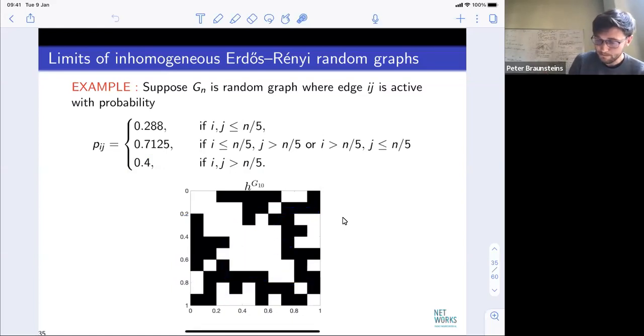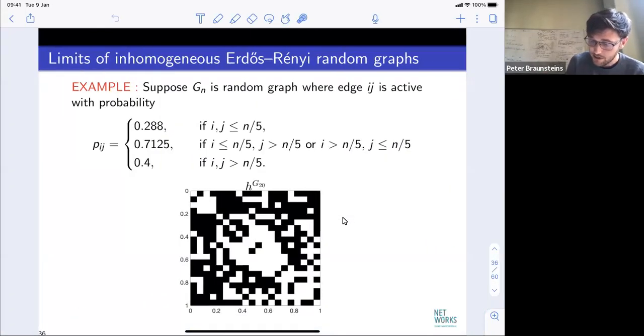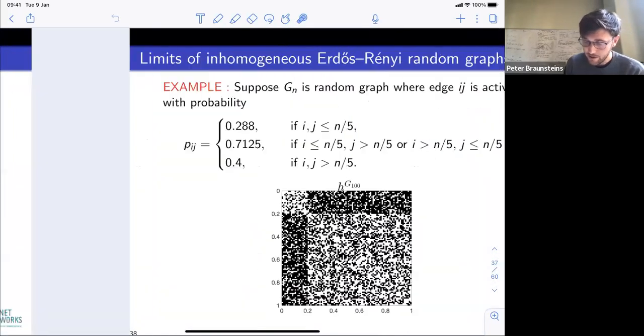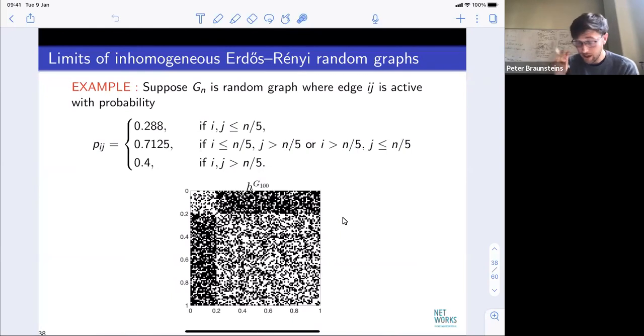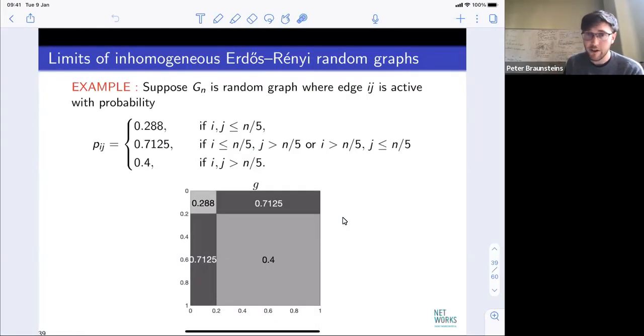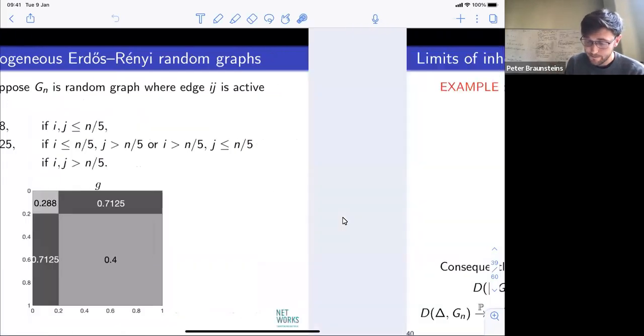Okay. And if we take n to be bigger, so now we have the number of vertices being 20, 50, and 100, and if we blur our vision a little bit, we can see we get convergence to a smooth graphon again. So here's our smooth graphon, with the values corresponding to the probabilities.